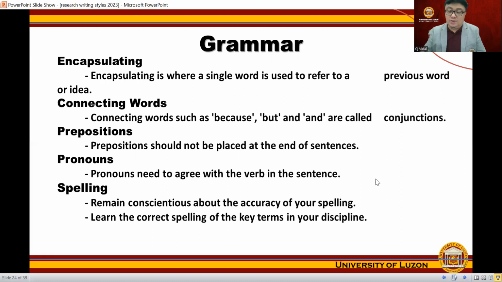This impact increases during summertime. So that is all about the use of a single word to refer to a previous word or idea, encapsulating.